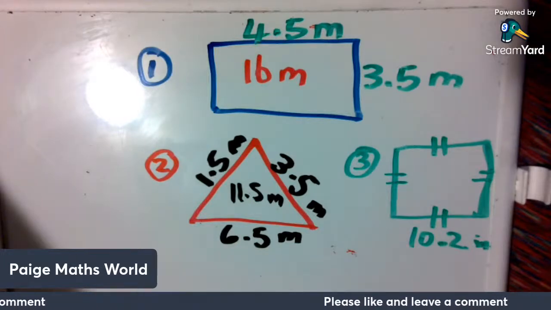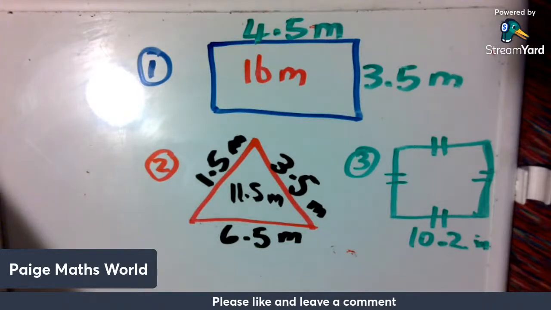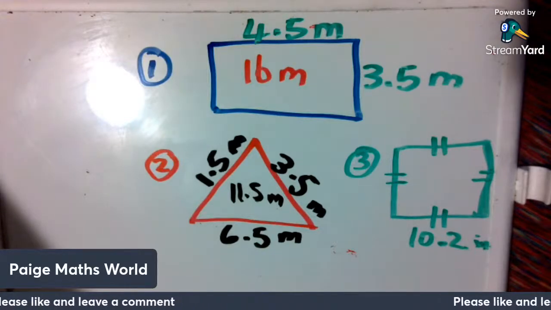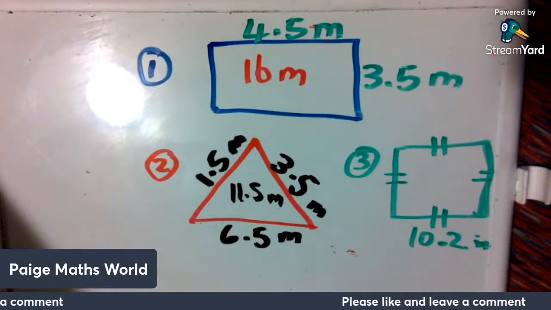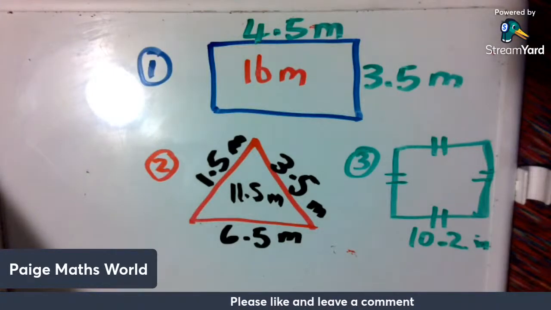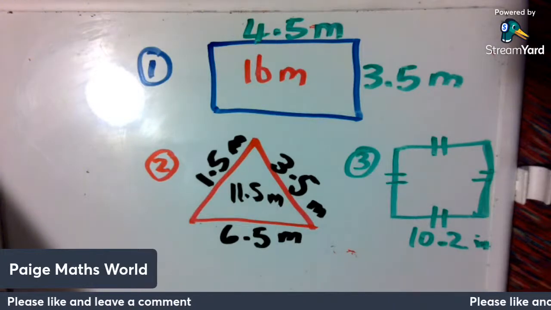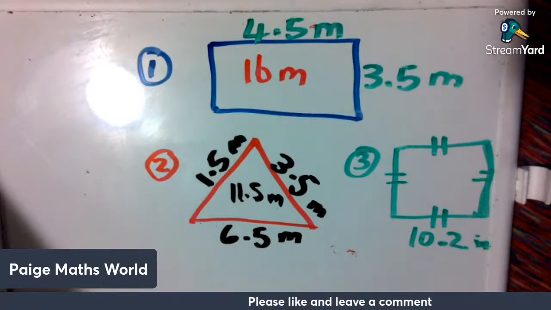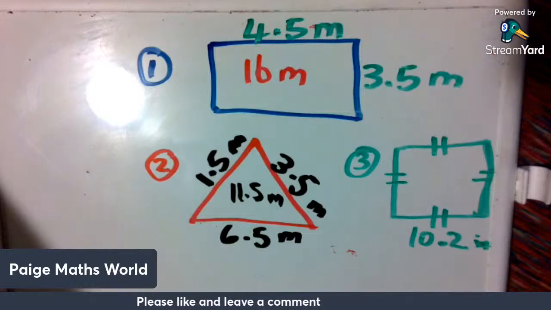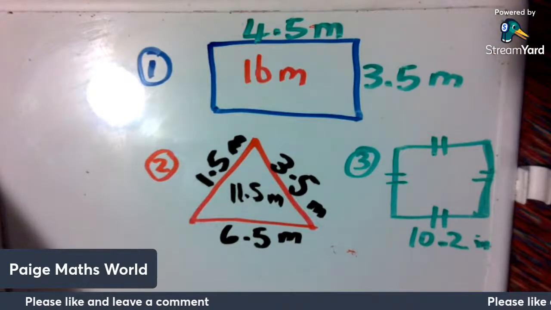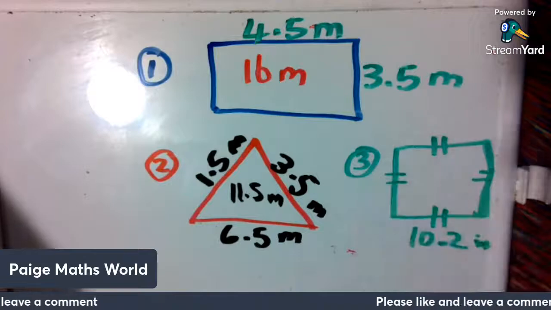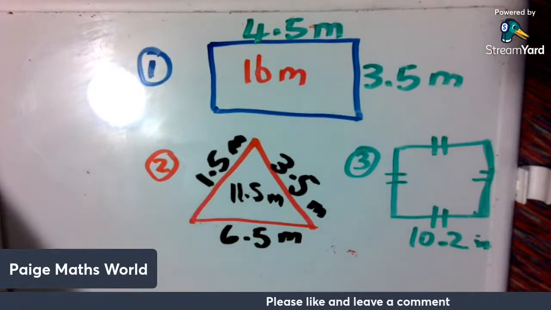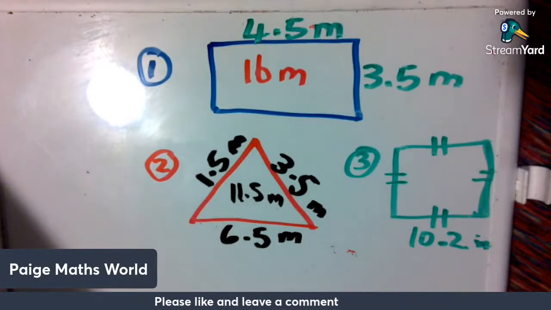Number 2 is lost in the chat, guys. Oh, number 1. Okay, so she got number 1 incorrect. Sushi, I'm going to beat you. You don't know the right answer. The right answer for number 1 is 16 meters, and for number 2 is 11.5 meters.